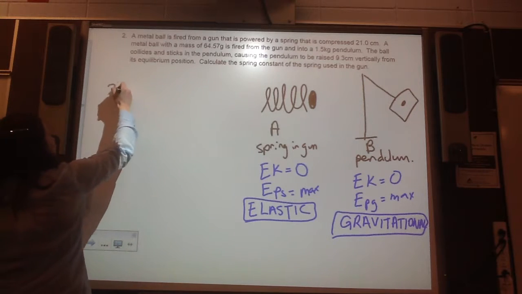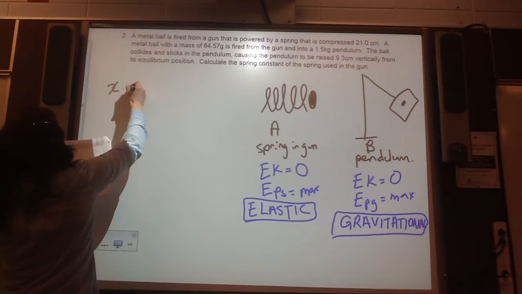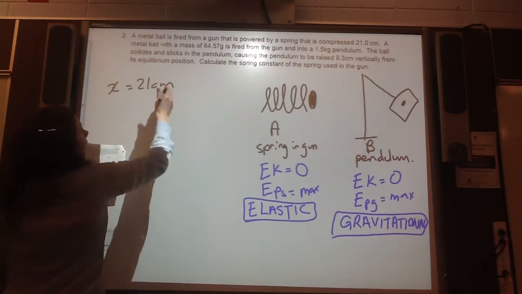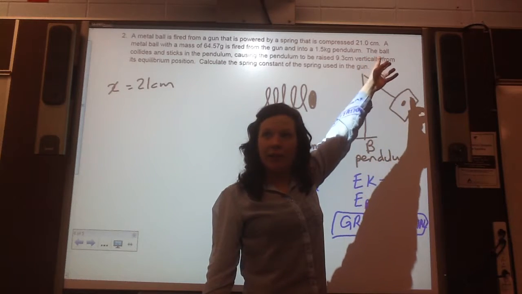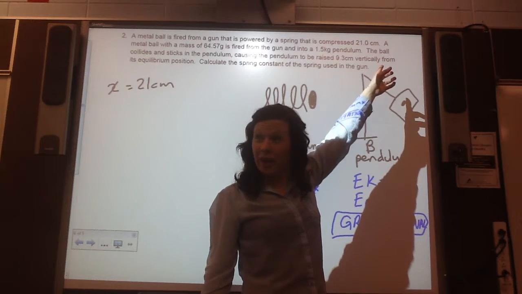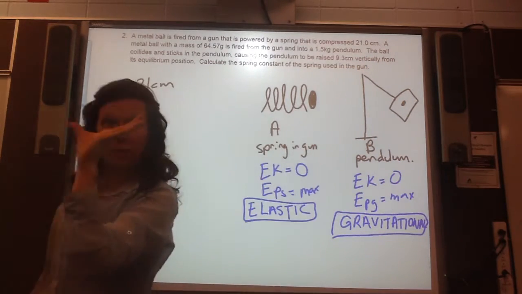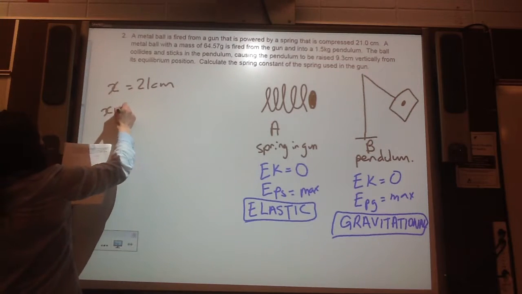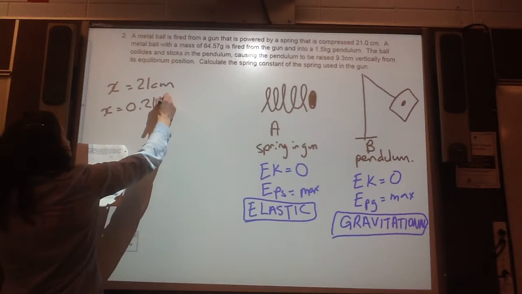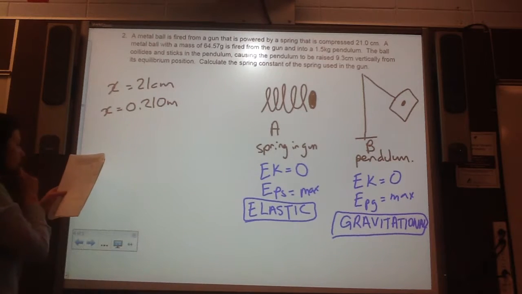Now let's write down the other information we've been given. We are told that x is 21 centimeters. That's the compression of the spring. Remember with our EP equals half kx squared, our x is the distance that the spring has compressed or stretched. So I need to convert that to meters: 0.210 meters.